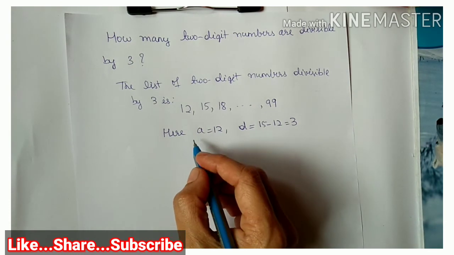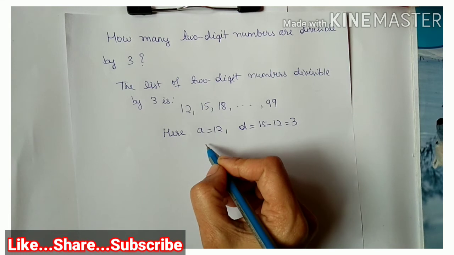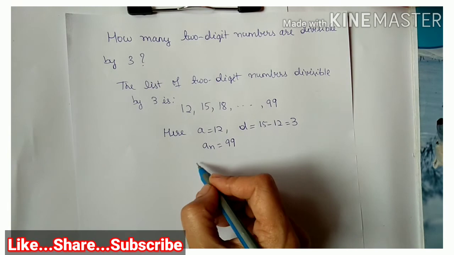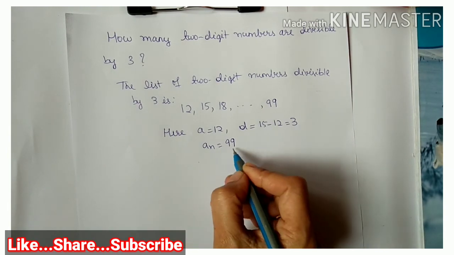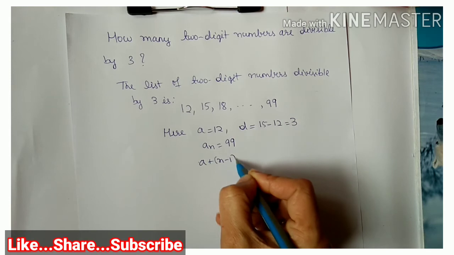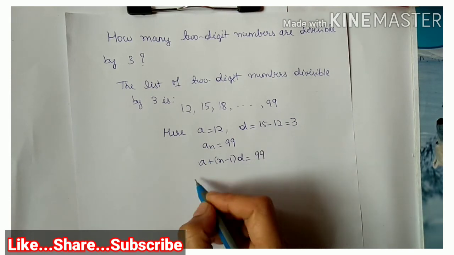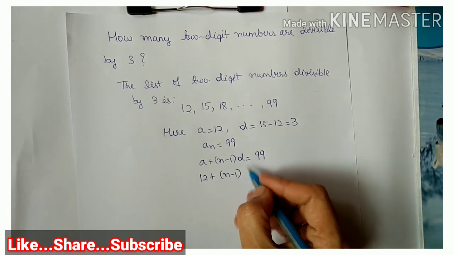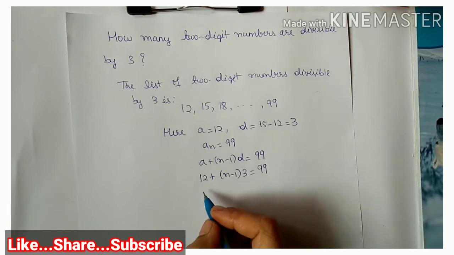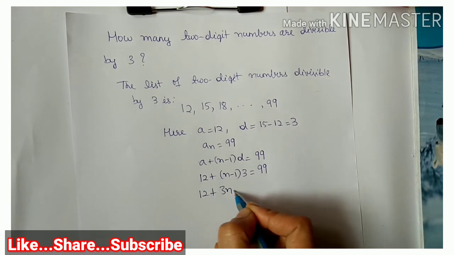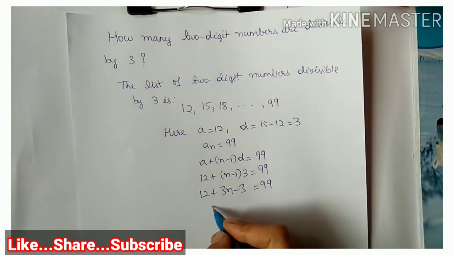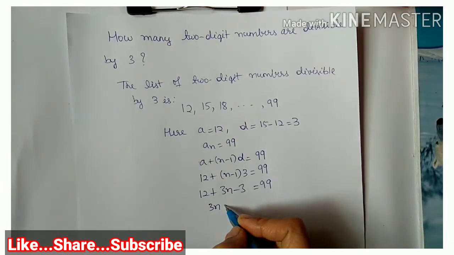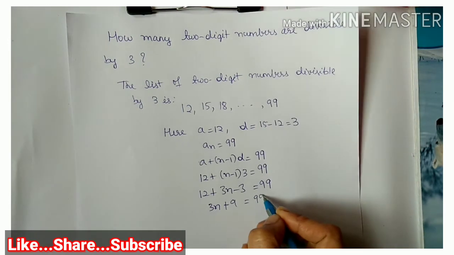Here the last term, or nth term, an, is 99. We have an is equal to a plus n minus 1 into d. a means 12 plus n minus 1 into d, 3, is 99. 12 plus 3n minus 3 is equal to 99, or 3n plus 9 is equal to 99.